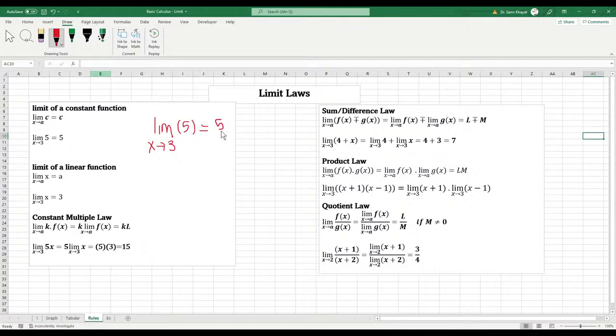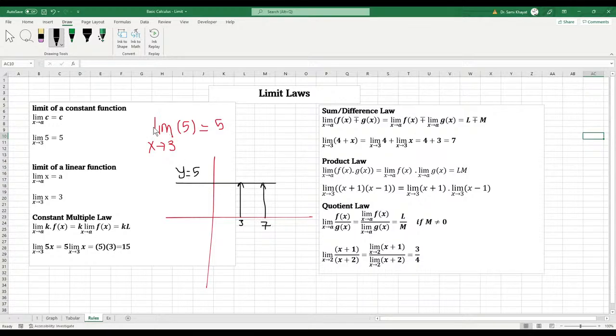That's logical because when you draw, let's say this is the function, which is y equals 5, the black one. When you go to 3, it will give you 5. If you go to any number, let's say 7, it will give you 5 also.